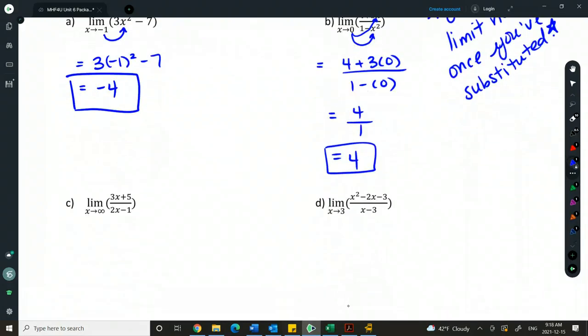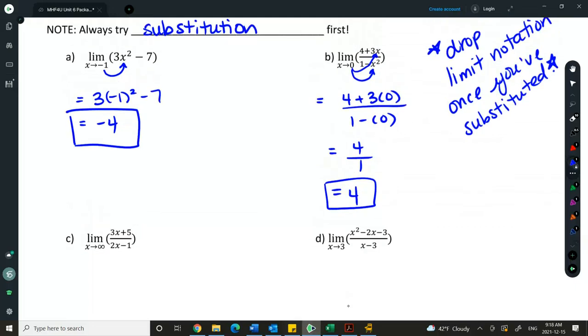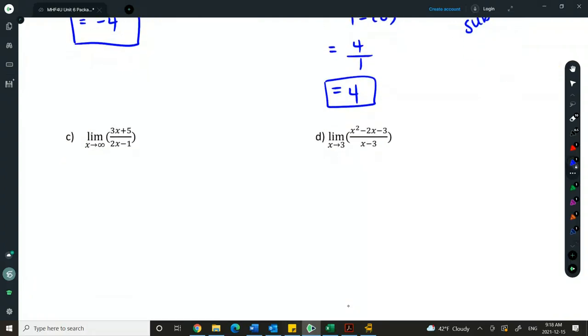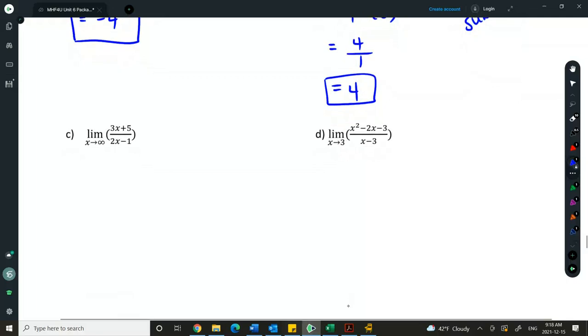Okay, here's an interesting one. The limit as x approaches infinity. Infinity is not a number. So it's going to be kind of hard for me to sub in using substitution to try and calculate this. I can, however, sort of look and see what value is being approached as I sub in larger and larger numbers for x. So let's suppose we choose 10,000, okay?